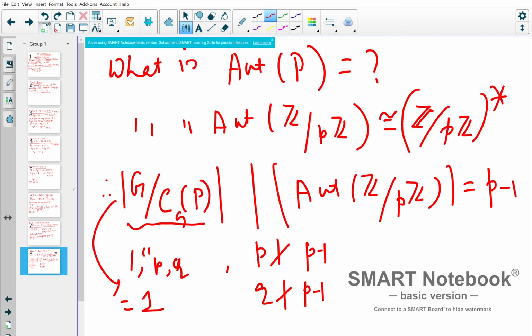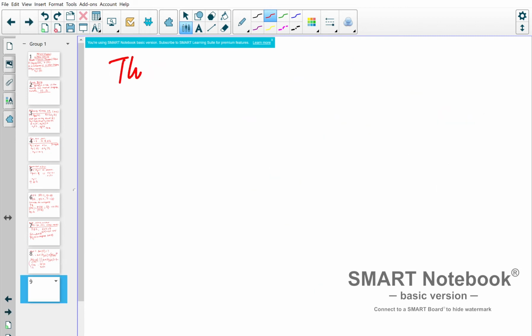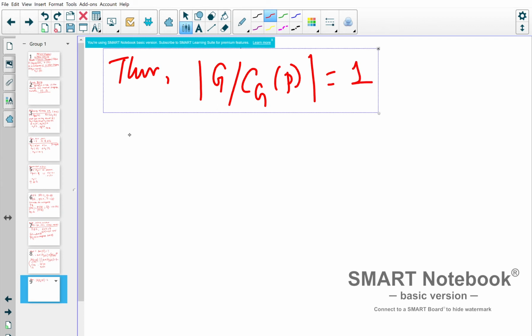So this gives you the option that this group has order equal to 1. Okay, so thus this group has order 1. So what does that mean? That means the centralizer of P is nothing but the full group G, right? And what does that mean?